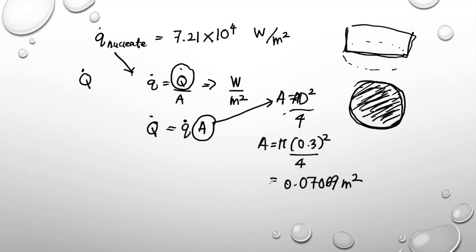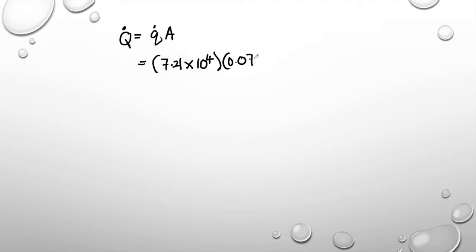To determine the rate of heat transfer, we have heat flux times area: 7.21 times 10 to the power of 4 times 0.07069.